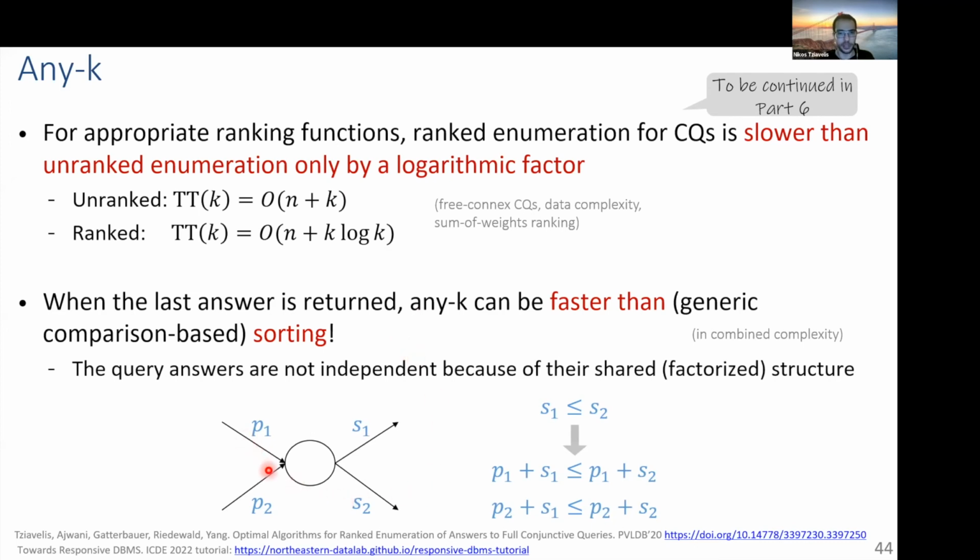So, for example, we have here an example of 4 paths that share 2 prefixes p1, p2, and suffixes s1, s2. By comparing the suffixes, we can infer the relative order of the paths more efficiently.